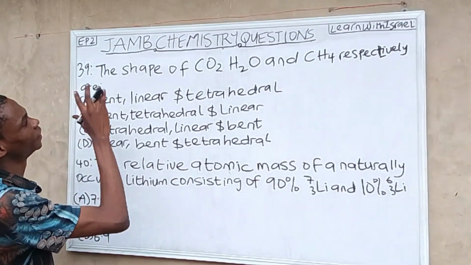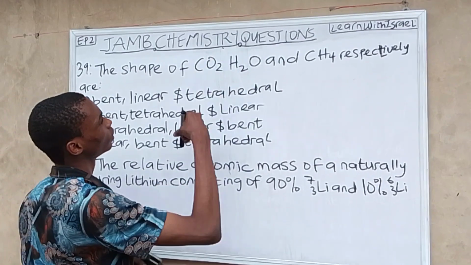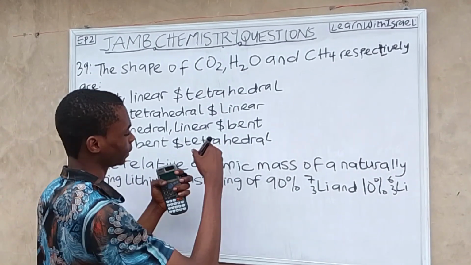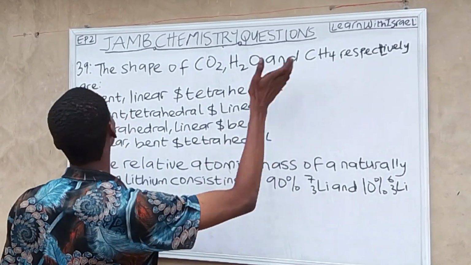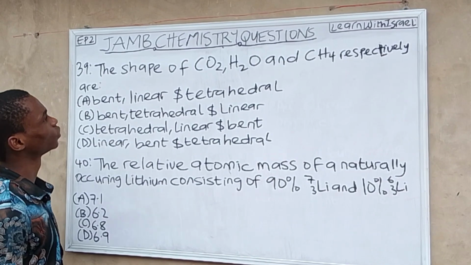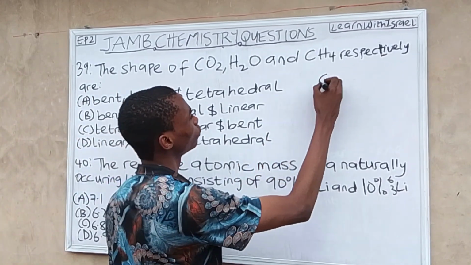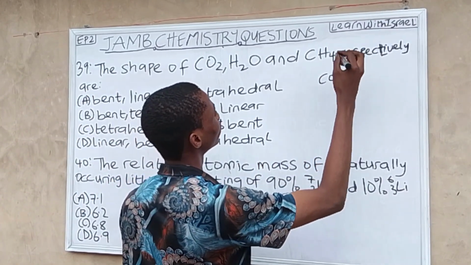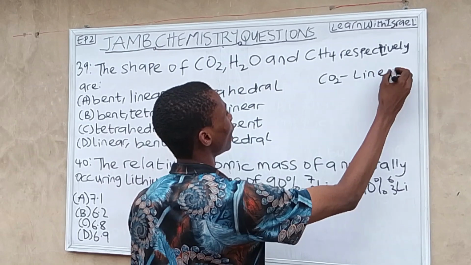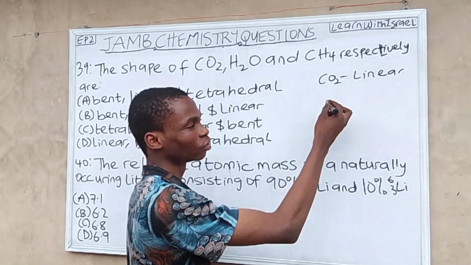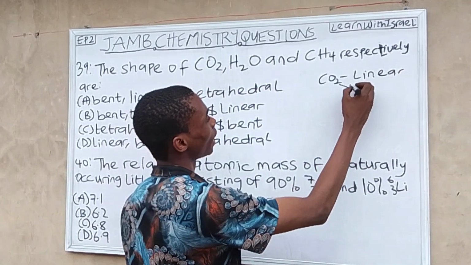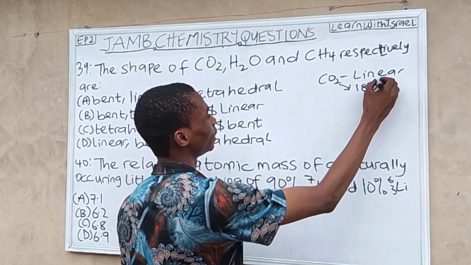Question 39. The shapes of CO2, H2O, and CH4 respectively are. CO2 is linear and the bond angle of CO2 is 180 degrees.